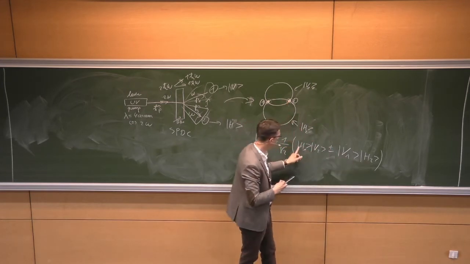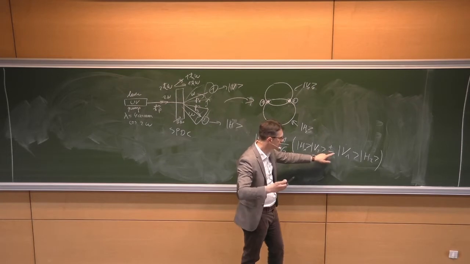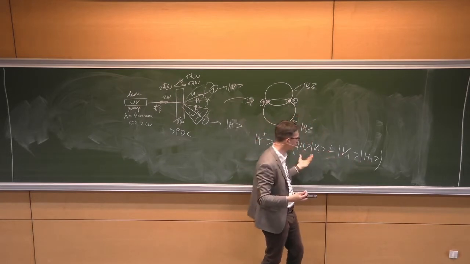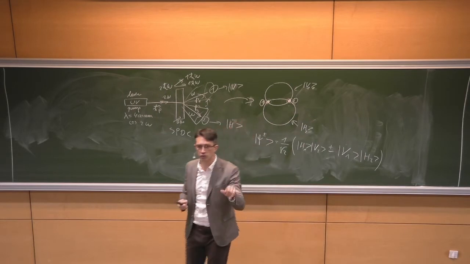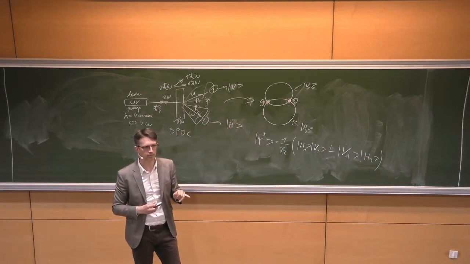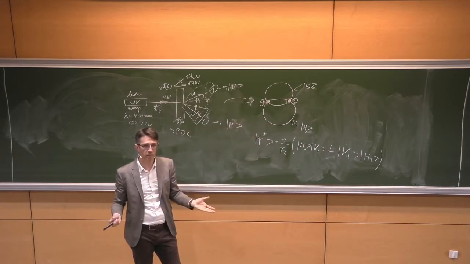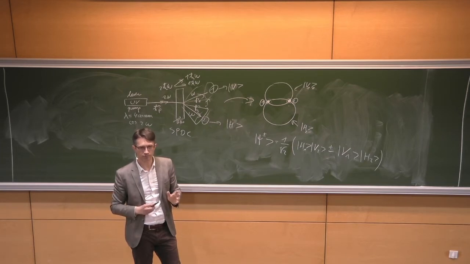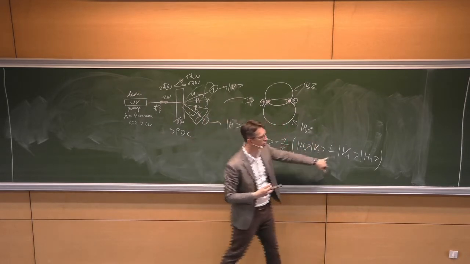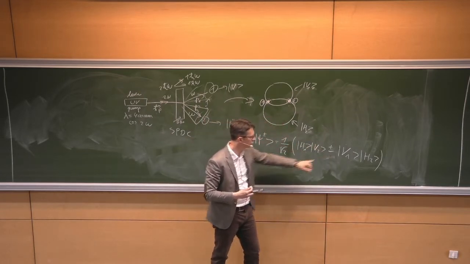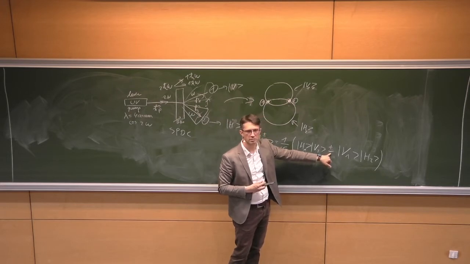Okay, so I've got H1 V2 plus V1 H2, because the two possibilities of the two photons are equiprobable. And as I cannot tell, in general, in quantum mechanics, which one is which, then I put a superposition, so I put a plus or minus.